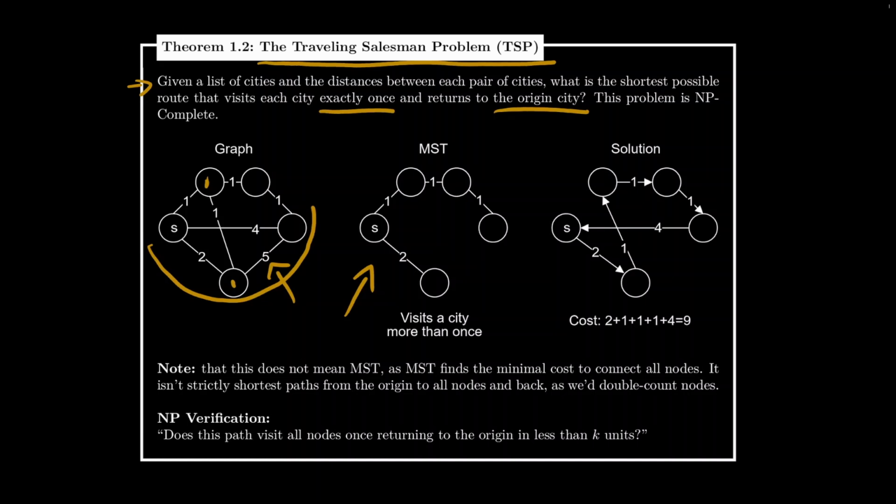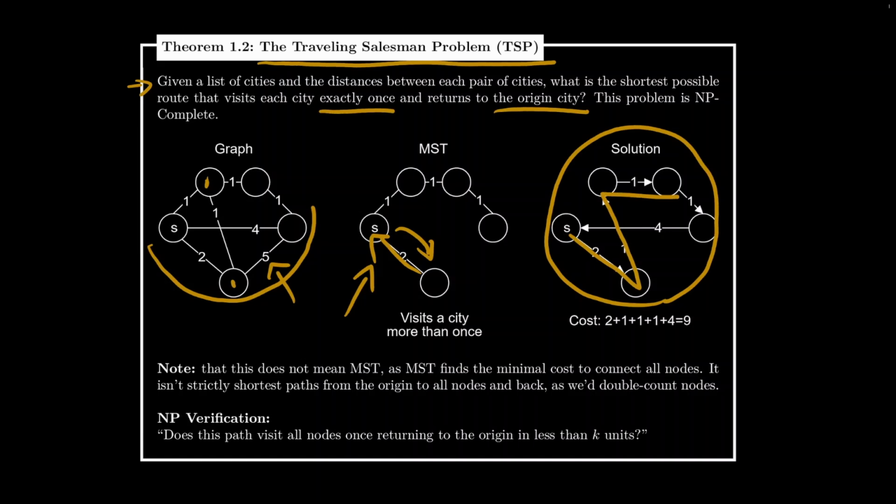The minimum spanning tree connects all nodes by edges that are the most cost effective, but this isn't the solution because a lot of the time it's going to revisit the same edges, as we'd have to go down and come right back up. The solution is right here on the right, as we visit each city exactly once, return to the origin city, and it is the most cost-effective route.